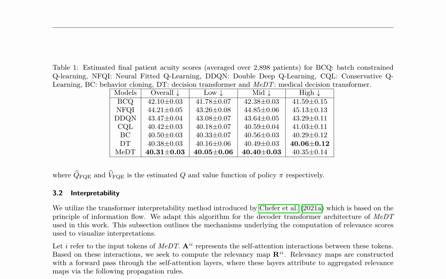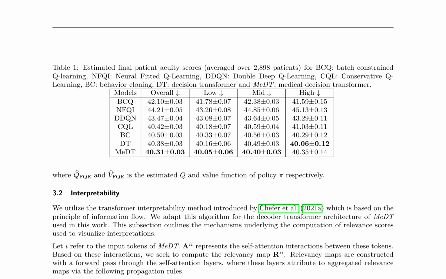A comprehensive evaluation of various reinforcement learning algorithms, including the proposed medical decision transformer, MeDT, was conducted on a challenging septic patient cohort. Table 1 displays the estimated final patient acuity scores, averaged over 2,898 patients, for 7 different models: BCQ, NFQI, DDQN, CQL, BC, DT, and MeDT.